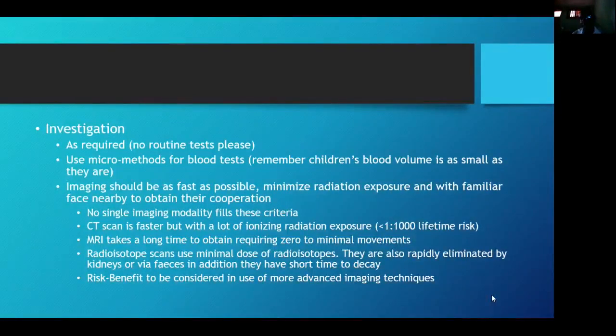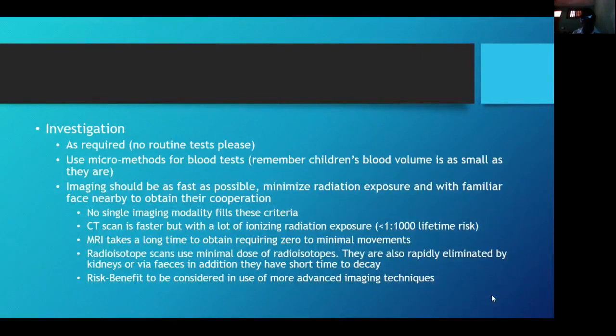Rather, there are special bottles for children such that you'll be able to collect adequate sample, which is not too much for the child, because the child's blood volume for a term neonate is 80 mils per kilogram body weight, and as the child grows on and on, it becomes 70 mils per kilogram body weight, like that of an adult by the time they become almost adults.